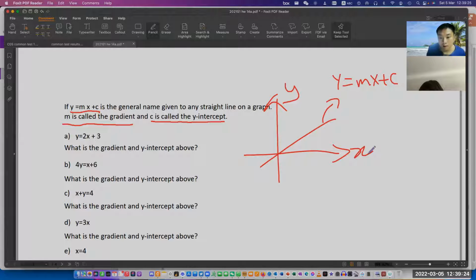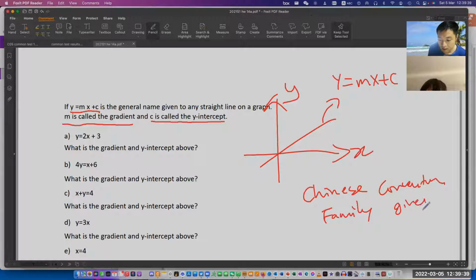Just like my name. Chinese convention means our family name comes first, then our given name comes later. So my family name is Lu, my given name is Kang. So Chinese convention, Lu Kang, right? But what about English convention?